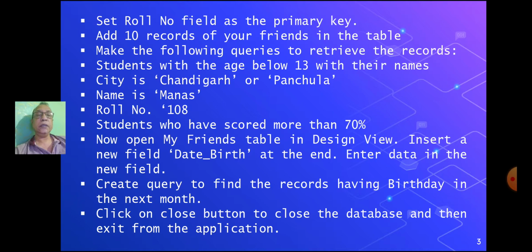The third query is display the student's name, display the name Manas. And the fourth one is display the student who is having the roll number 108 and so on. Now we shall do this activity practically.